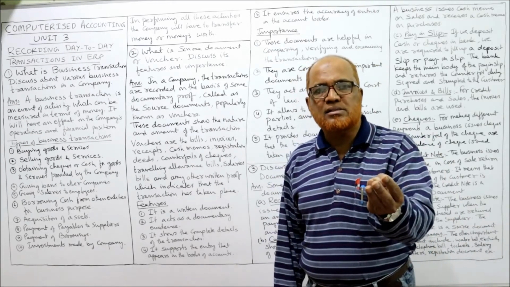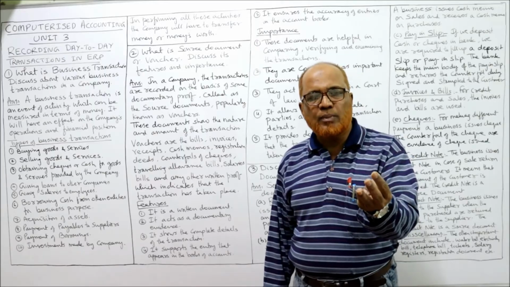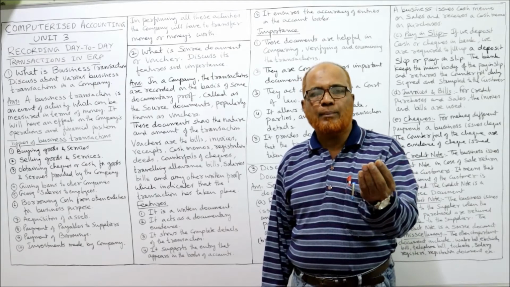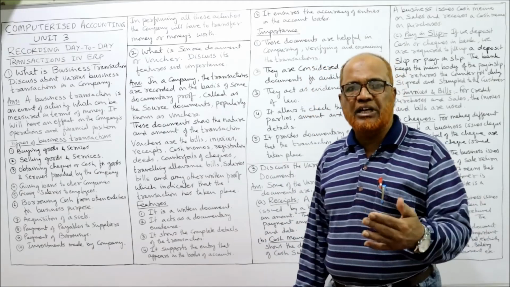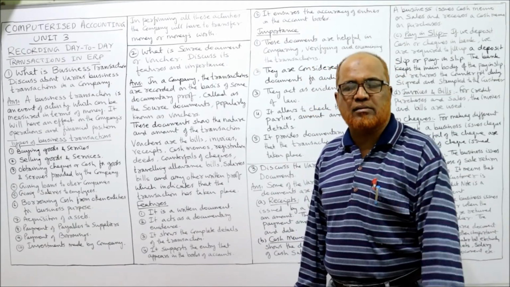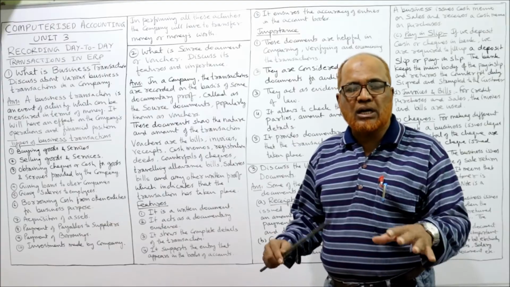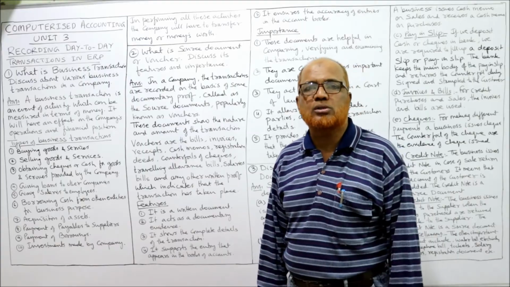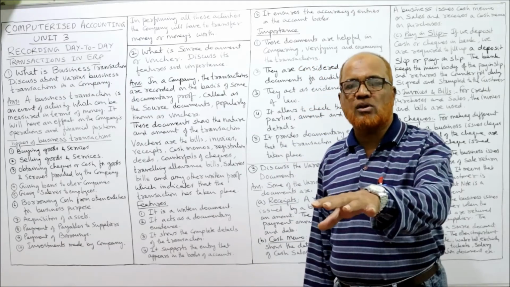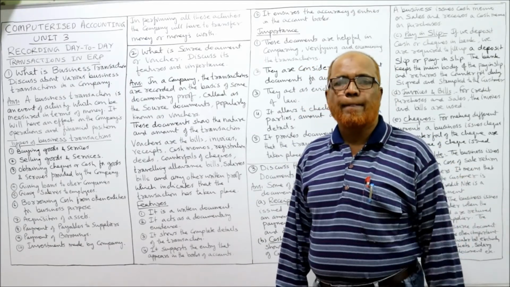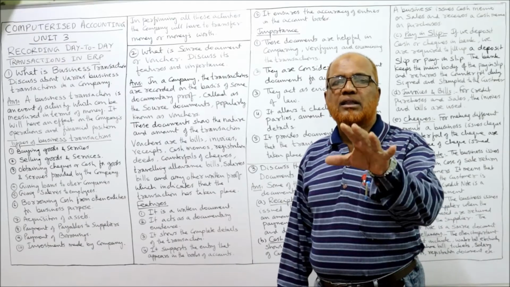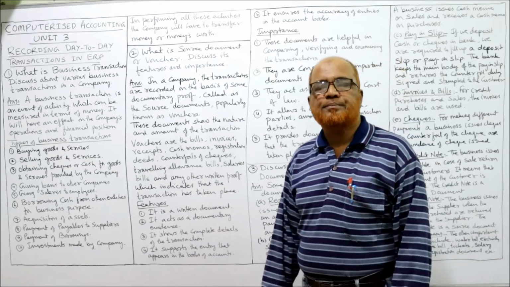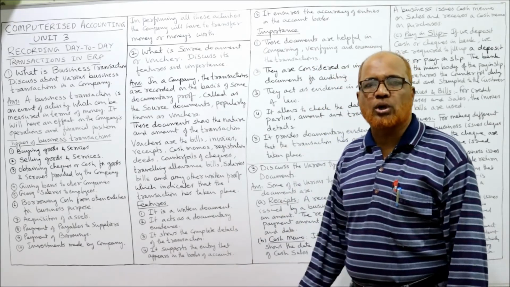Bank cheque counterfoil, paying slip of the bank. Apart from that, a number of deeds, contracts, documents. So debit note, credit note, all these are the documentary proof or source documents on the basis of which the transactions are recorded, and these documents will explain the nature of the transaction. That's it. So I've explained to you the meaning of the term source document.